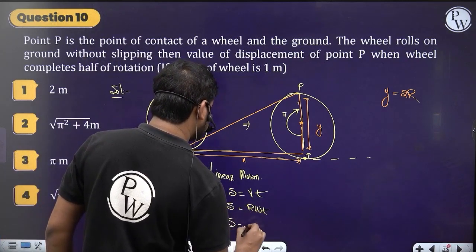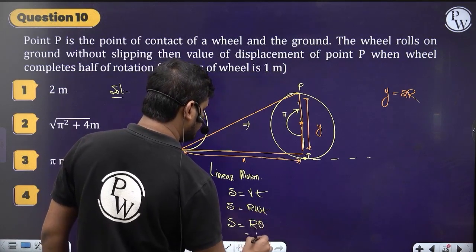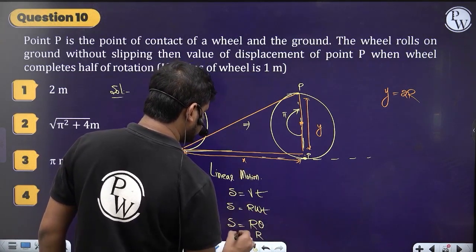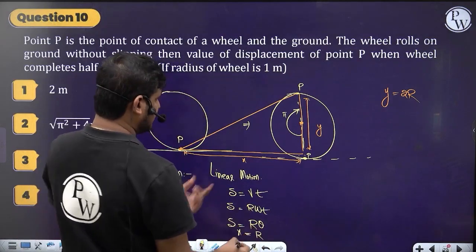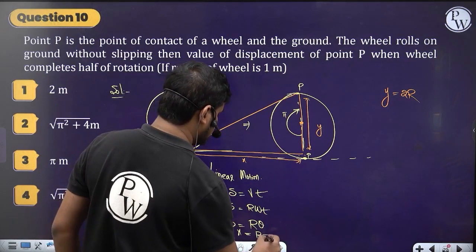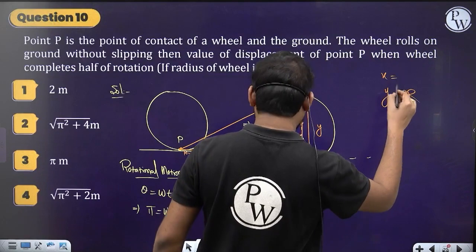So s is equal to r into, in place of omega t, let's write theta. So s is nothing but the x, the linear displacement from here to here. So x is equal to r into theta, and theta is nothing but pi. Therefore we have got the x coordinate also: r pi.